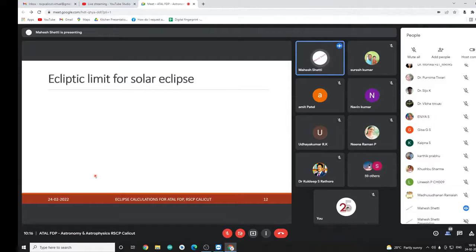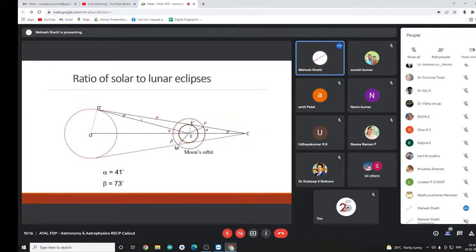So let's calculate first the ecliptic limit for solar eclipse. What I have drawn here is an ecliptic, and then a circle which shows the sun's cone at the moon's orbit. Now you see what is the sun's cone at the moon's orbit. Let me come back to the earlier slide. This is the sun. The sun is forming a cone when you put a tangent with respect to Earth.